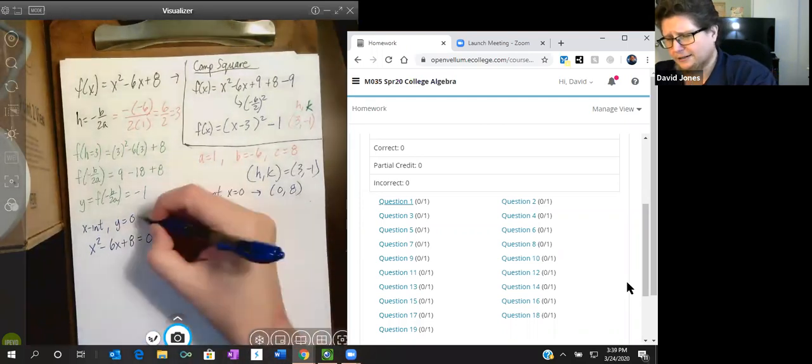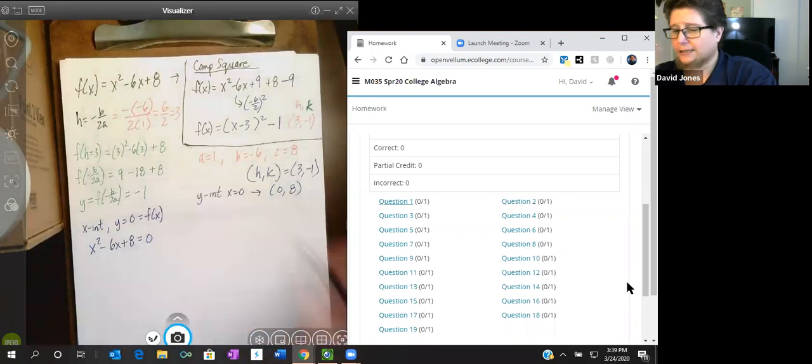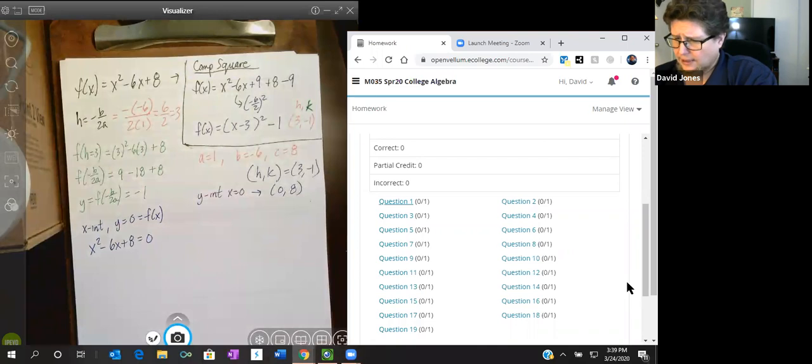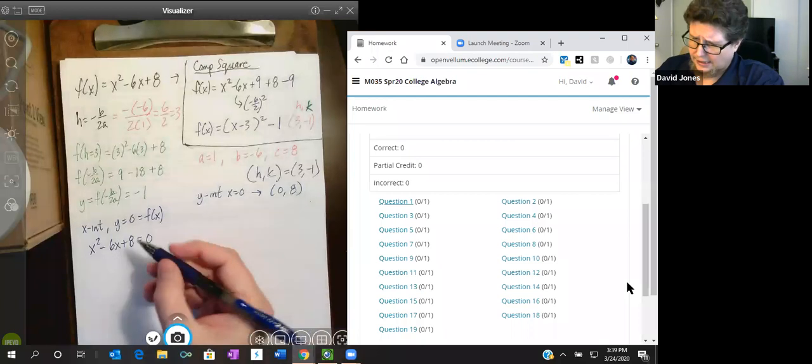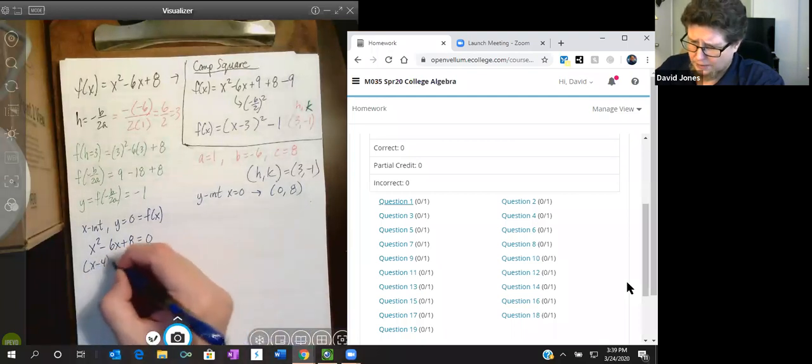Because y equaling 0 is where f of x equals 0. This looks like it factors. It looks like it's x minus 4 and x minus 2.